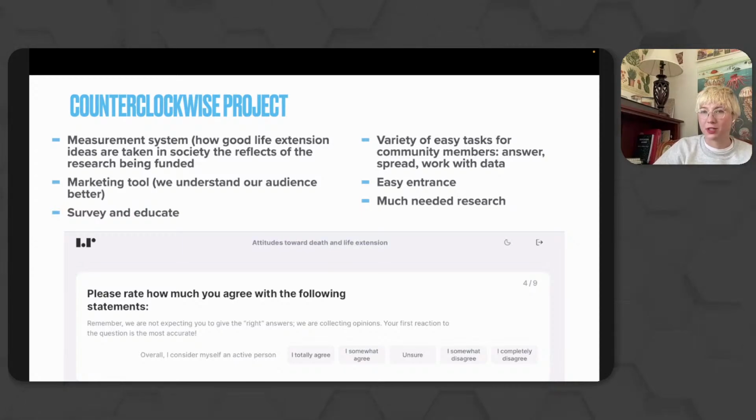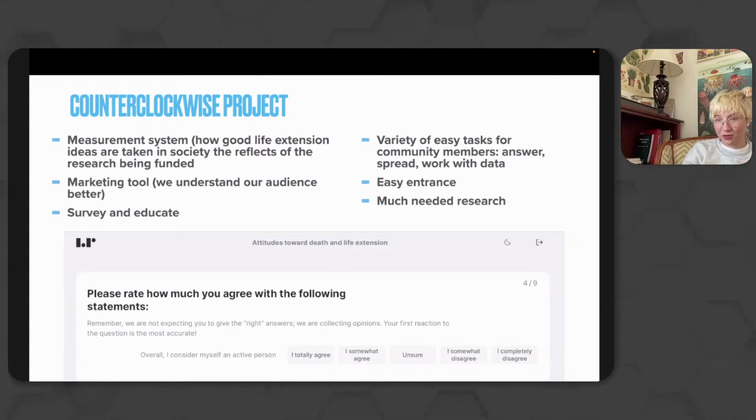It takes you 10 minutes top. But we also ask people about different aspects of their life, and then in the end we can build portraits of these people: who are the people that we're actually talking to, what are their interests, how do we reach them. So in the end we will have a useful marketing tool.